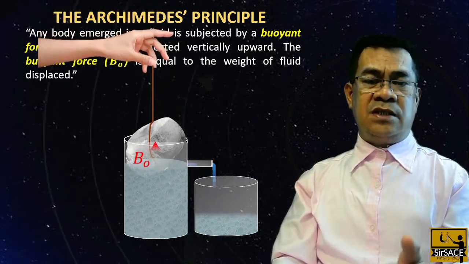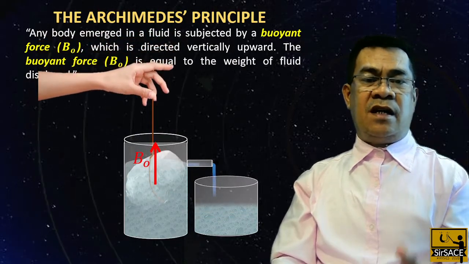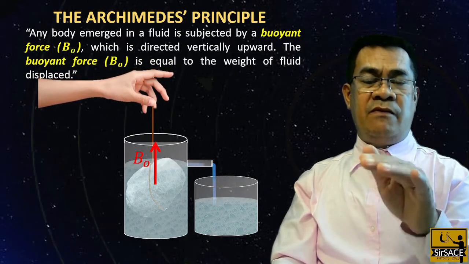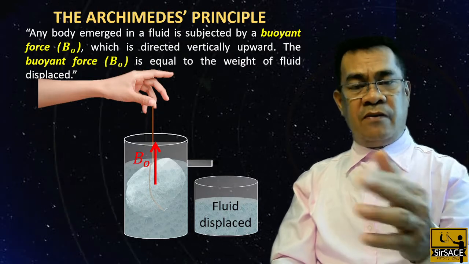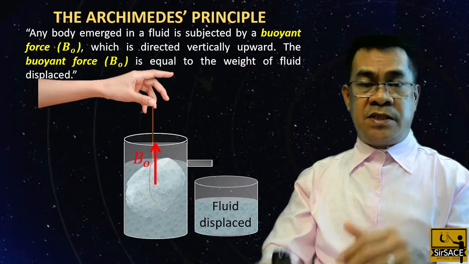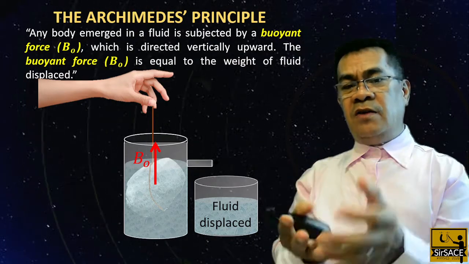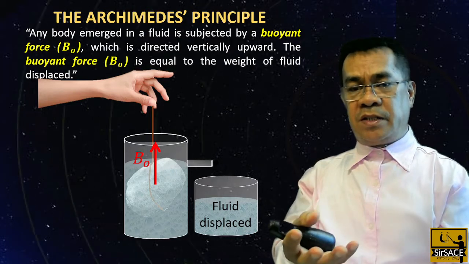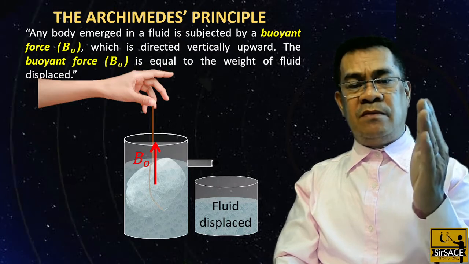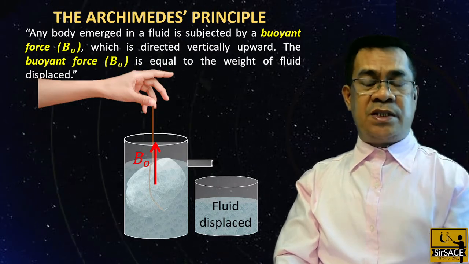Notice that it starts to overflow, then the buoyant force increases, and the maximum buoyant force is reached when the object is fully submerged, and the flow stops at that level. What does it mean? According to the Archimedes principle, the volume of the submerged stone is the same as the volume of the fluid displaced, which is collected on the opposite side.